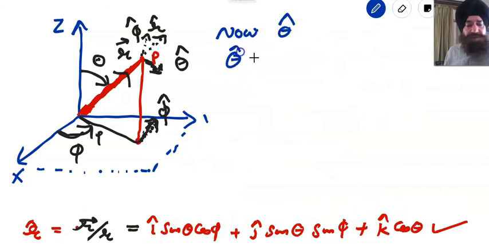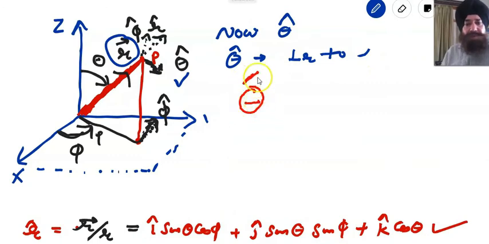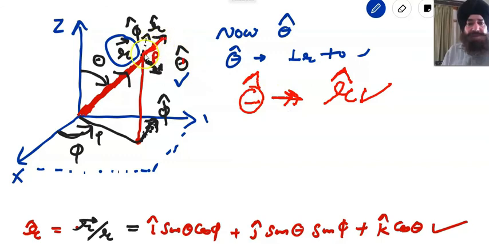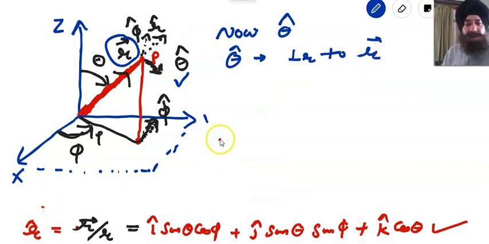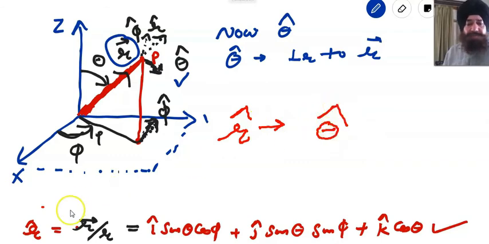Now the second: what is theta cap? Theta cap is perpendicular to r cap. So if you change theta to theta plus pi by 2 here, then instead of r cap we'll have theta cap. Very simple.